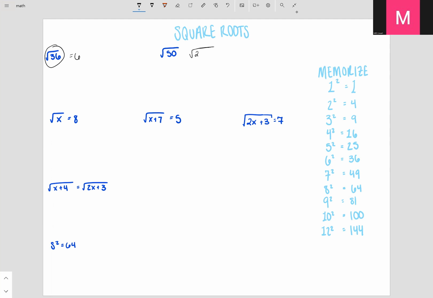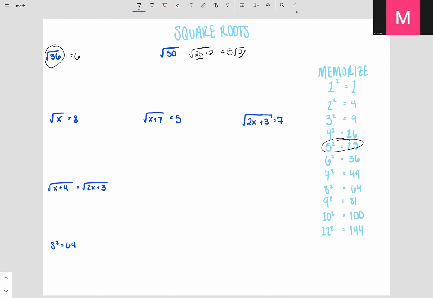So we have 25, that's a square root here, times 2 equals 50. So instead, we can write this as 5 times the square root of 2. And we want to reduce it down as much as possible to where this cannot be broken down at all in order to take out a square root.